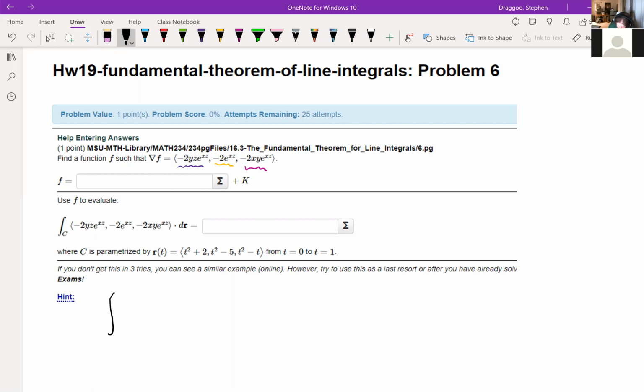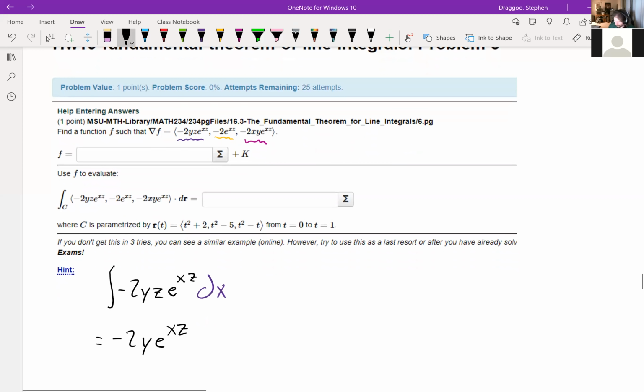So I'm going to integrate negative 2yz e to the xz dx. I get negative 2y e to the xz plus c.